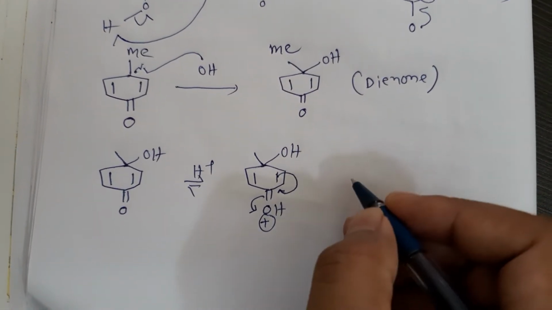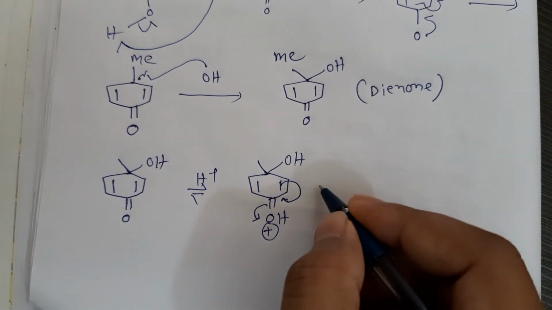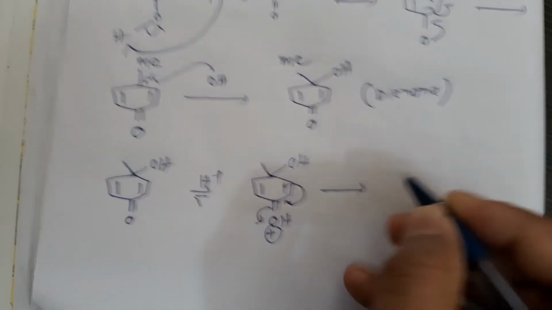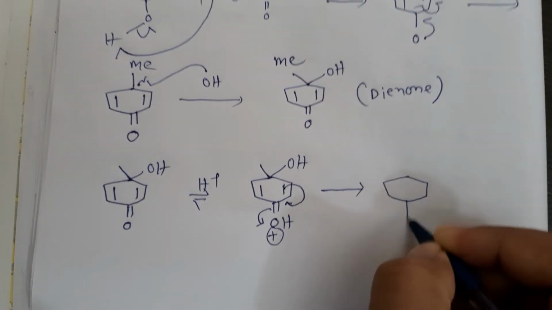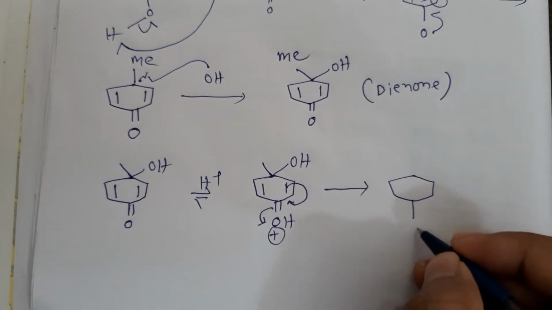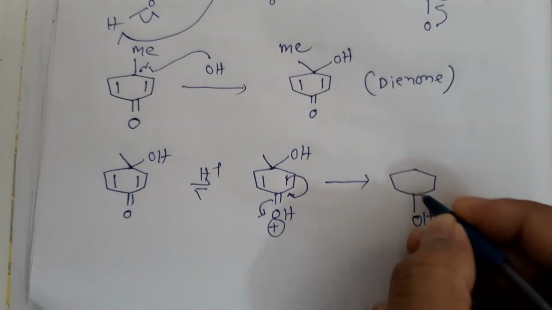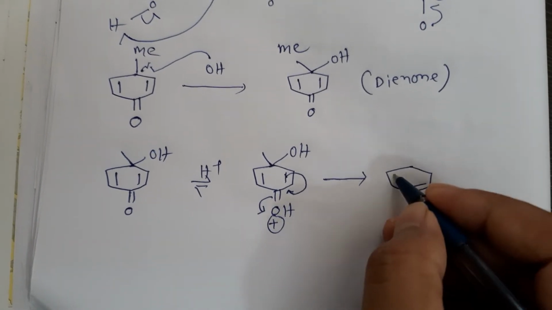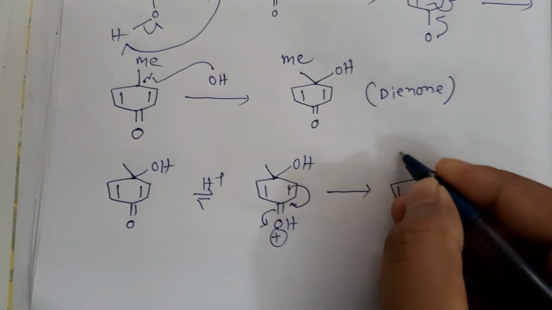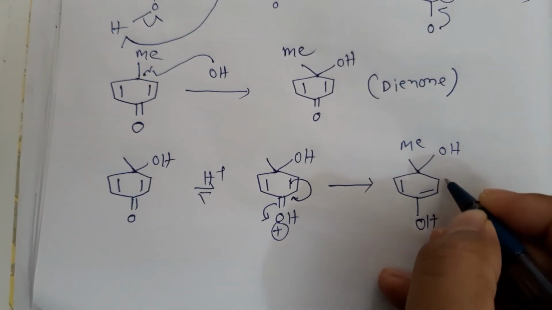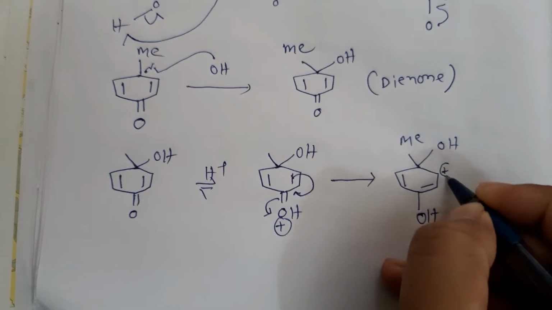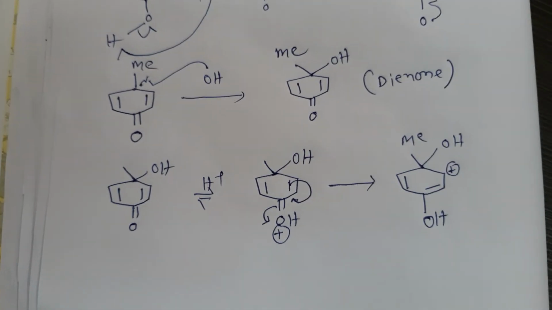So what intermediate is formed? This is OH, and here one double bond, here one double bond, here methyl, and here OH, and this is the carbocation.